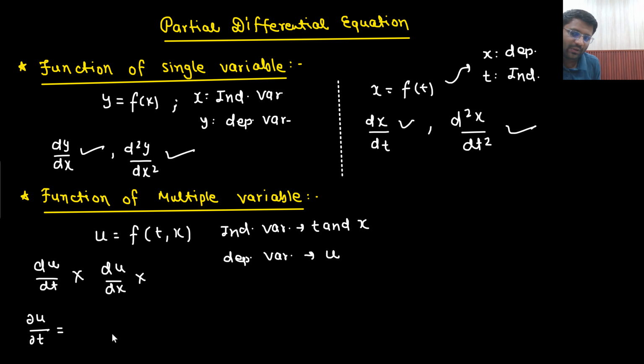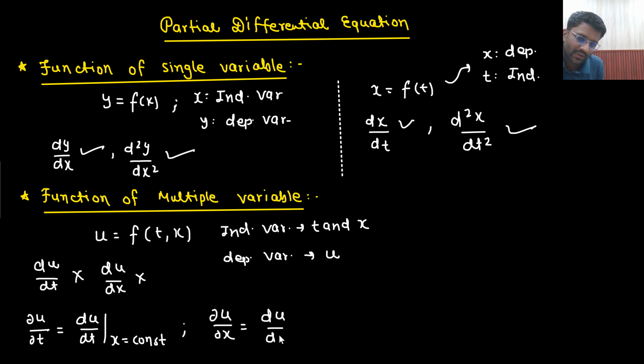Yes. The meaning of del u by del t is du by dt, but considering x as constant. And can you calculate del u by del x? Absolutely. It is du by dx, but keeping t as constant. So what is it known as? It is known as partial differentiation.